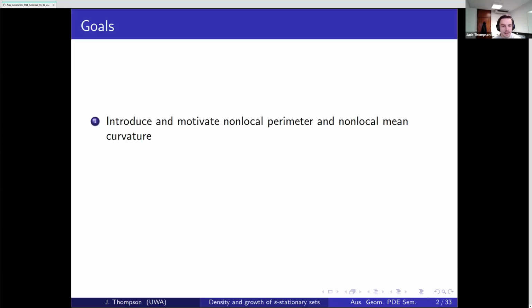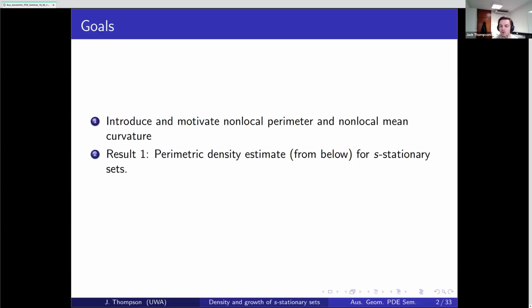Okay, so the plan is essentially to spend a lot of time actually introducing these concepts and motivating them. In a lot of these talks, people just jump in and say, look, this is the non-local perimeter, this is non-local mean curvature, and then we do stuff. I wanted to spend a bit of time emphasizing why maybe we should look at these things.